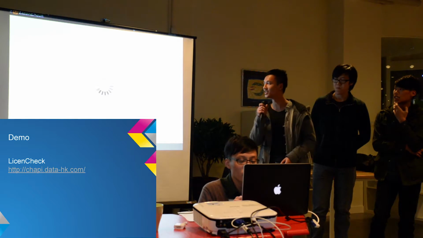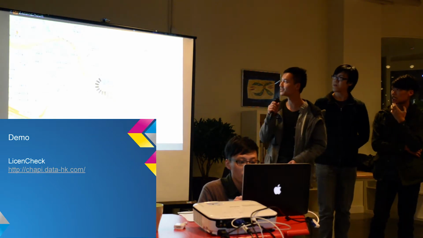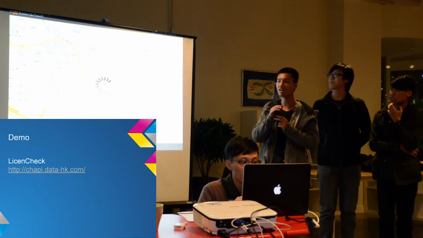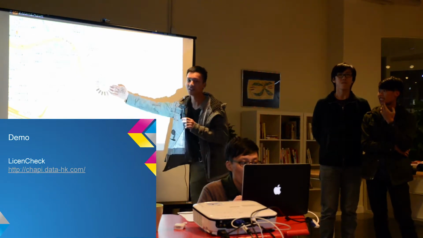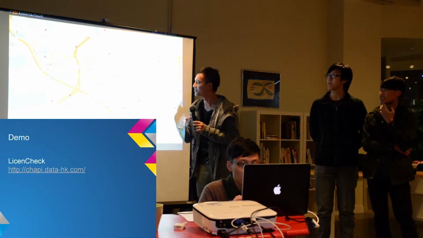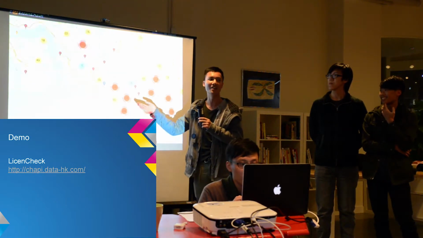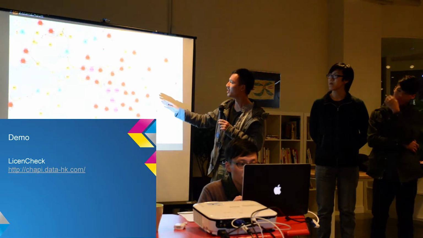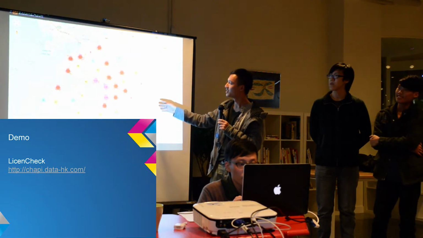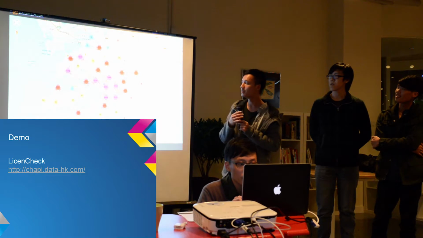This is the index page of LicenCheck. First, we can see the map, and this is our current location. If the network is fine, we can see the marker cluster. Why do we use the marker cluster?